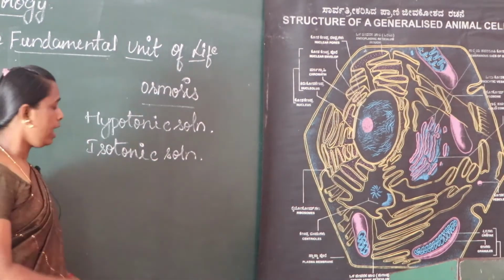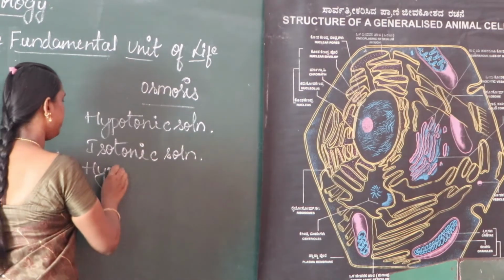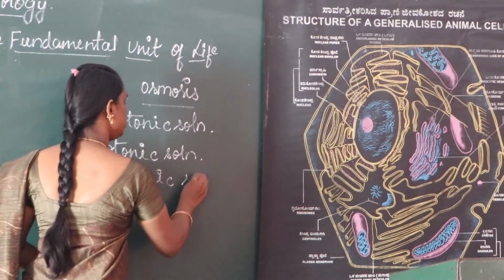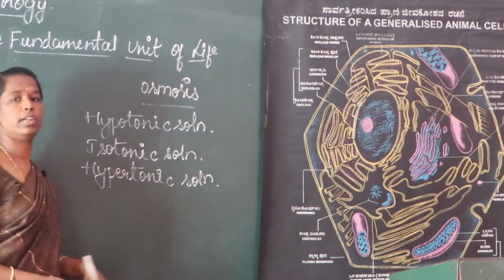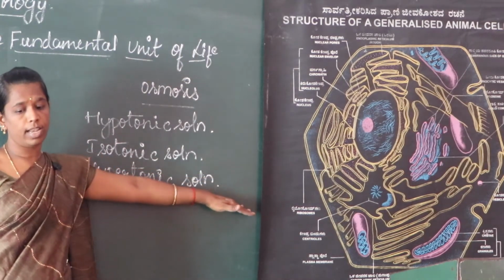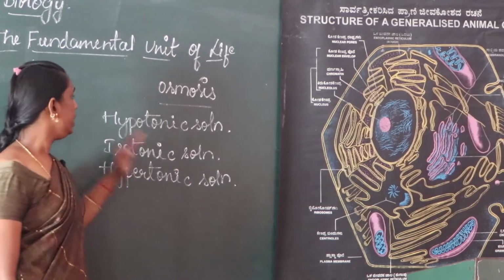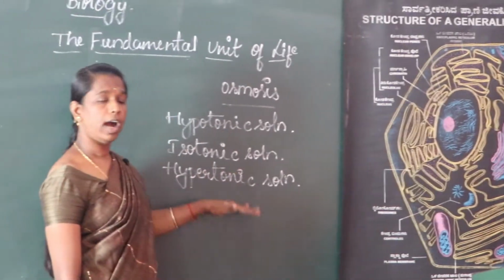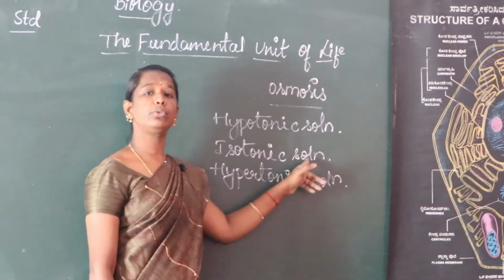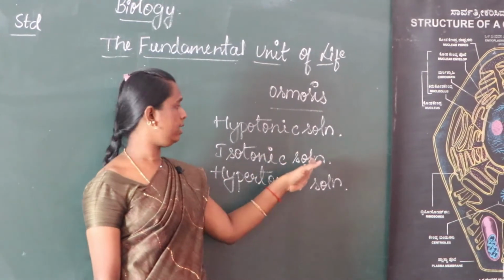Okay, next hypertonic solution. In this solution, the cell is surrounded by a lower water concentration. Higher concentration is hypotonic solution, lower concentration is hypertonic solution, whereas isotonic solution is exactly the same as the cell.